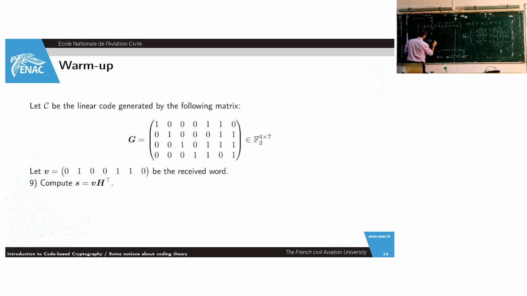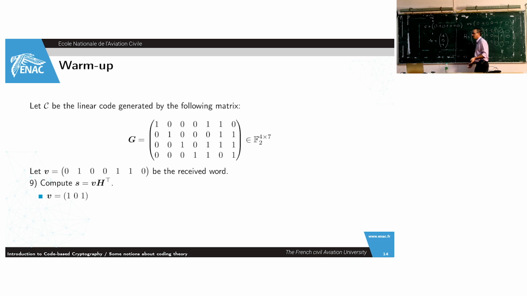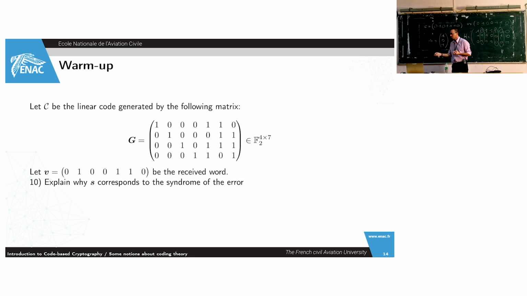We have S, which is equal to 1, 0, 1. And if we look back at our parity check matrix, we can find that this 1, 0, 1 corresponds to the fourth column, here.